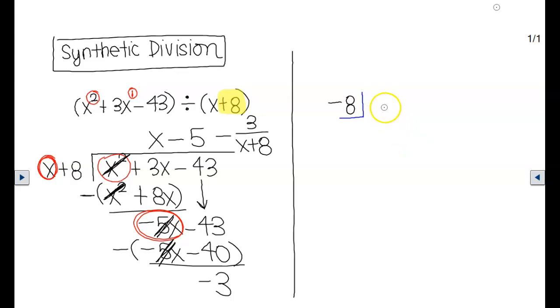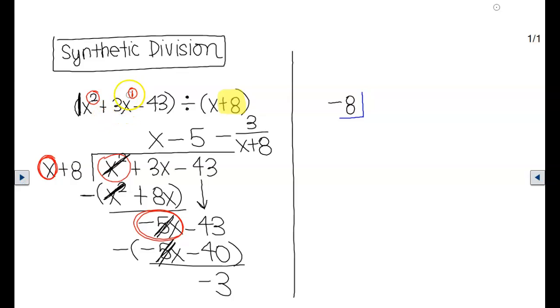Now, over here beside that backwards L, we are going to put the thing that we're dividing: the x squared plus 3x minus 43. Only we're not going to write the variable part of this. What you're going to do over here is write coefficients only. So when I look at x squared, my coefficient is a positive 1.